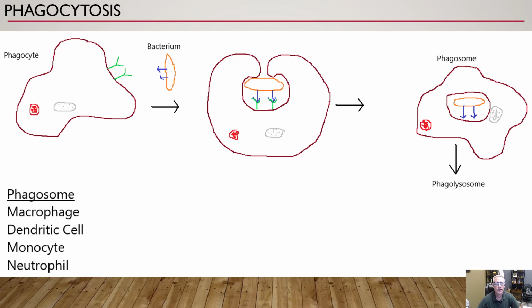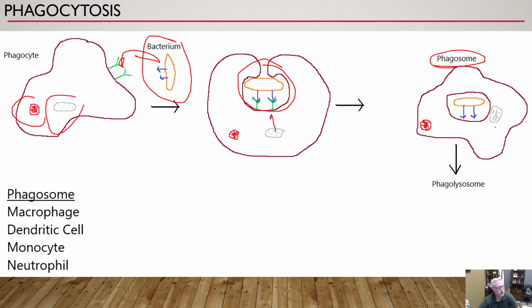All right, so we've seen this slide before. It's just a simple slide about phagocytosis, so I'm not going to review it in too much detail. We have the nucleus and the lysosome with the bacterium, and the bacterium joins up with these receptors, and the cell engulfs the bacterium, and the lysosome will migrate up there, forming a phagosome.